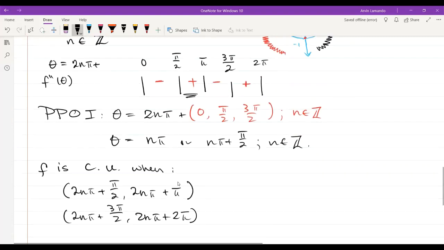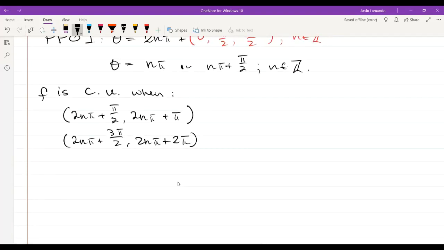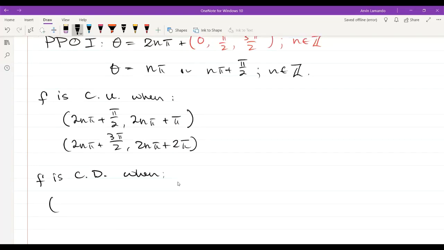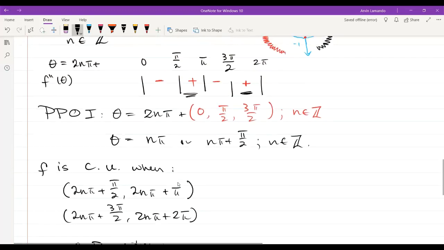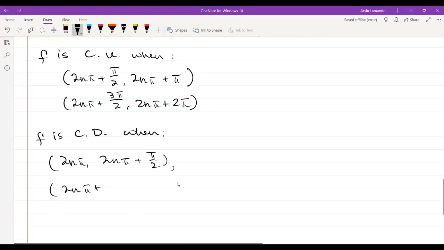Okay, this is the fourth quadrant. f is concave down when theta is in 2n pi to 2n pi plus pi over 2, and 2n pi plus pi to 2n pi plus 3 pi over 2. Okay.